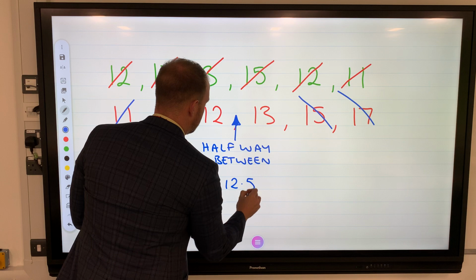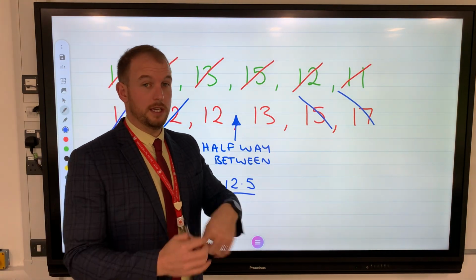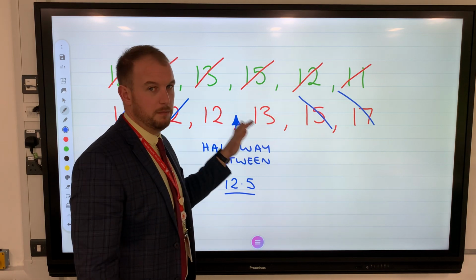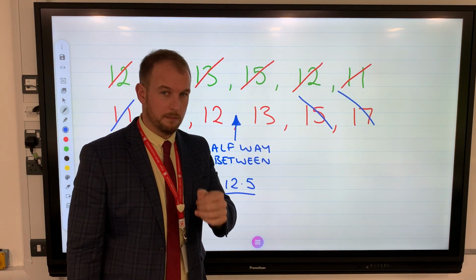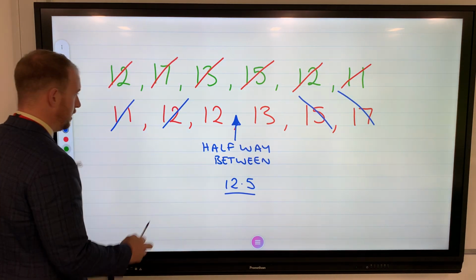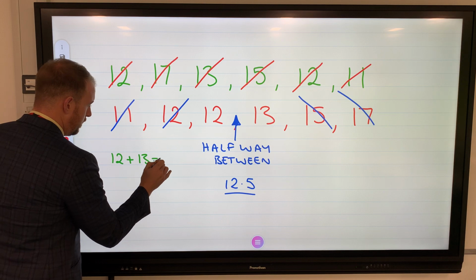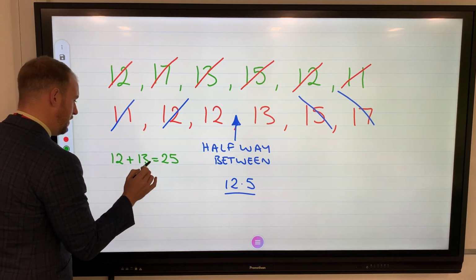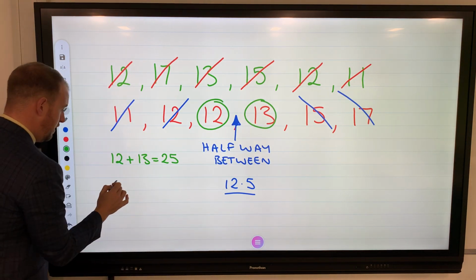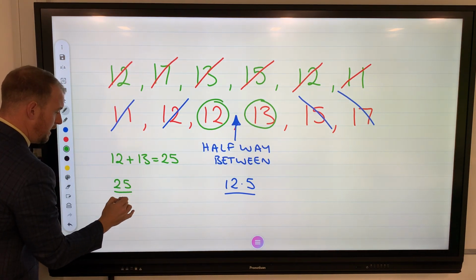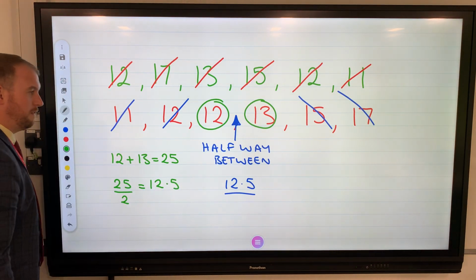Now, let me show you a little tip to help you work that out if you can't see it straight away. These 2 are nice, easy numbers. You might have something later on where you have two more complicated numbers. Little tip for you: add them up to make 25. So add them together, then divide that by 2 to make 12.5.